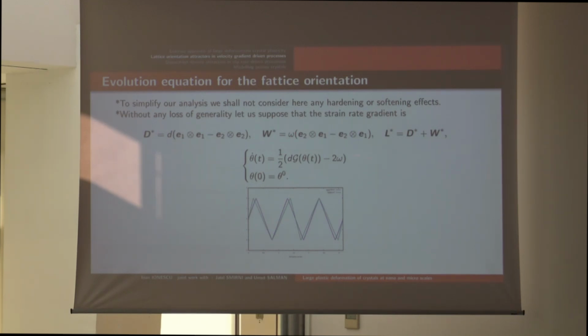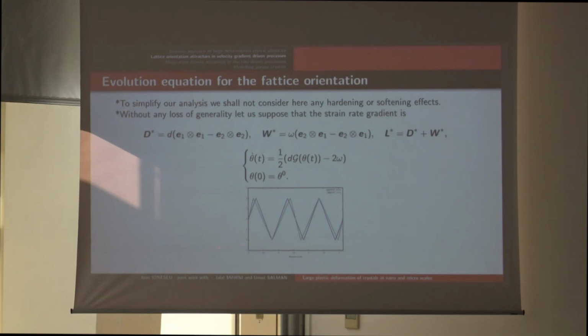The equation for the lattice orientation is written like that. It is a differential equation, where this function g of theta, here theta between 0 and pi. Here you have two expressions of g for the FCC crystal and for the hexagonal one. They are almost the same, and it is always between 1 and -1.